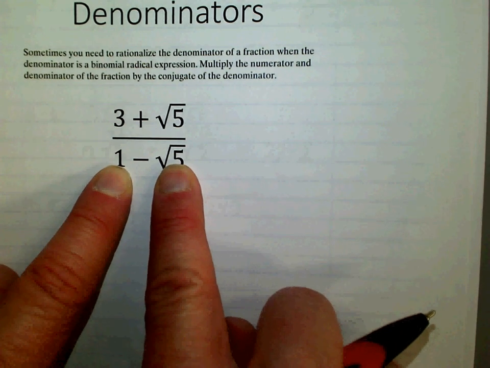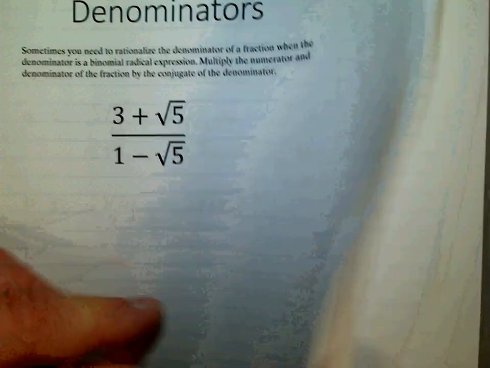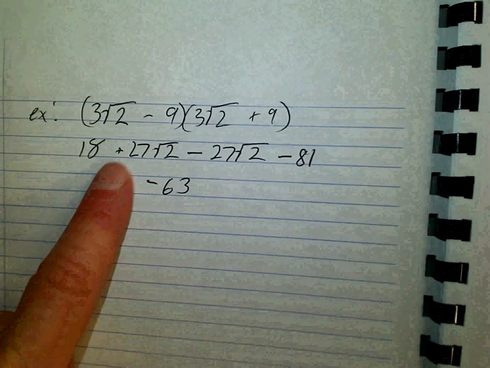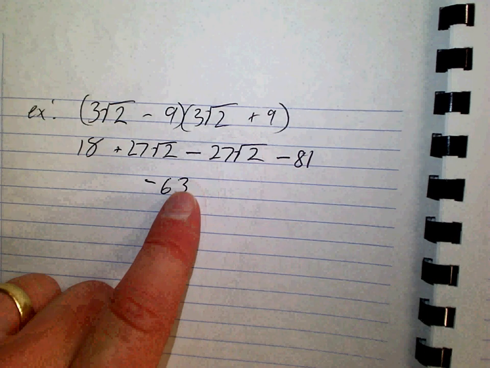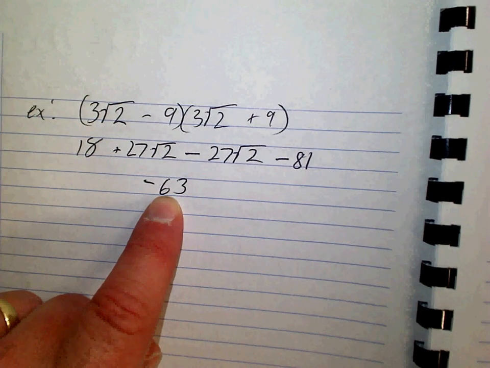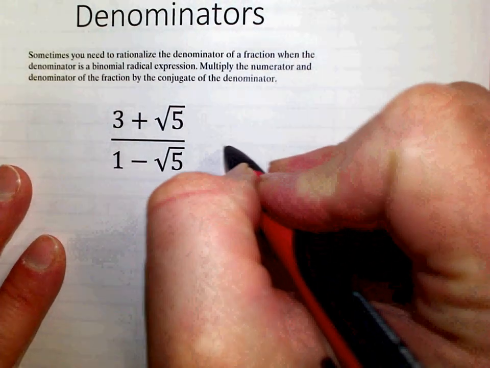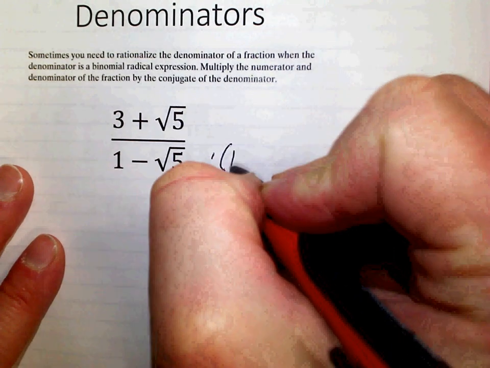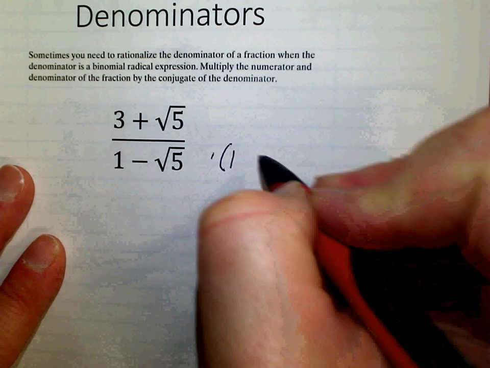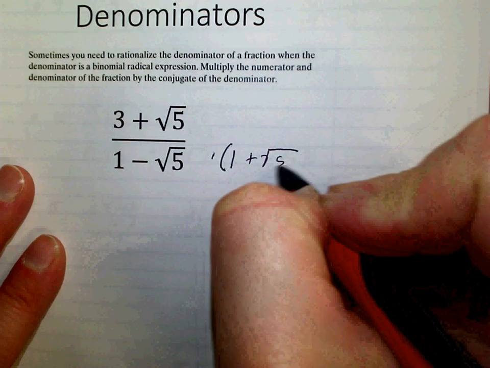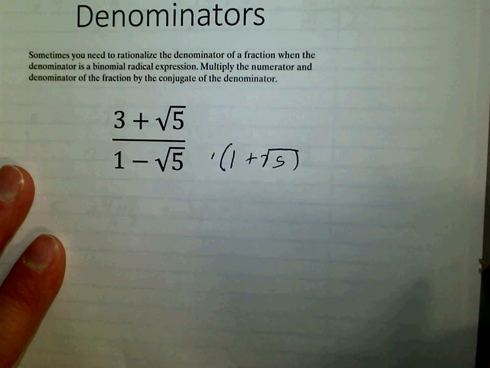So if you think about what we just did, how we multiplied this times its conjugate, and it got rid of the radicals and ended up with just a number, didn't it? So let's see, what if we multiply it times 1 what? Yep, and let's do that to the top and bottom.